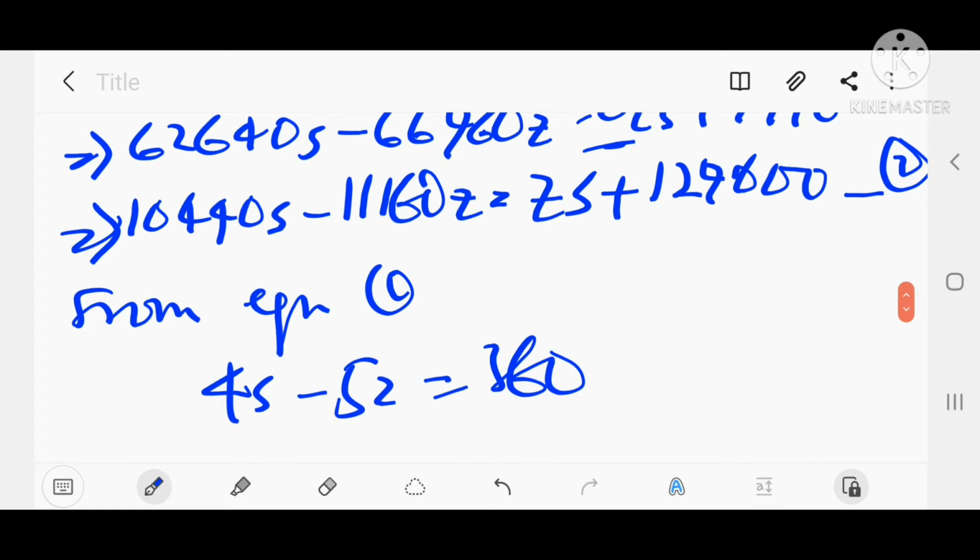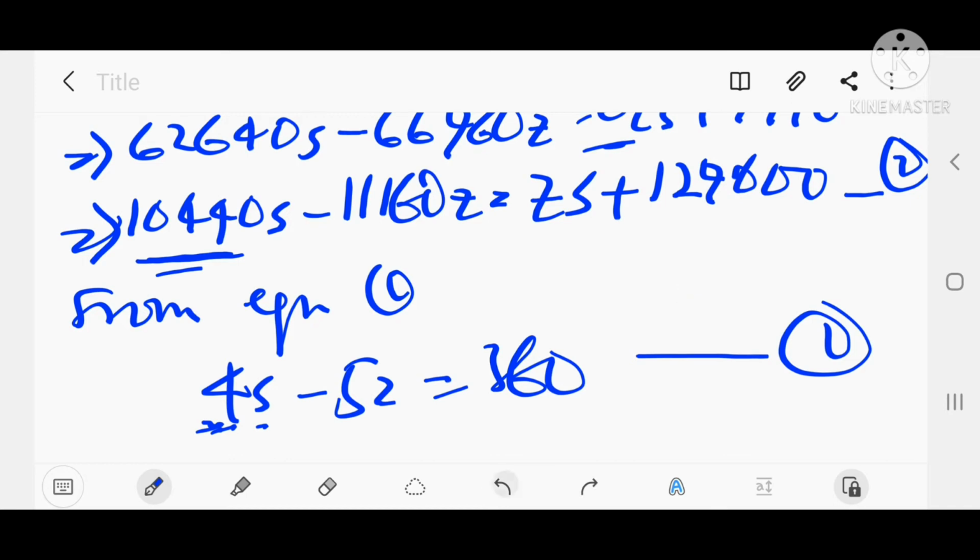So we can make the coefficient of s in equation 1 equal to the coefficient of s in equation 2.